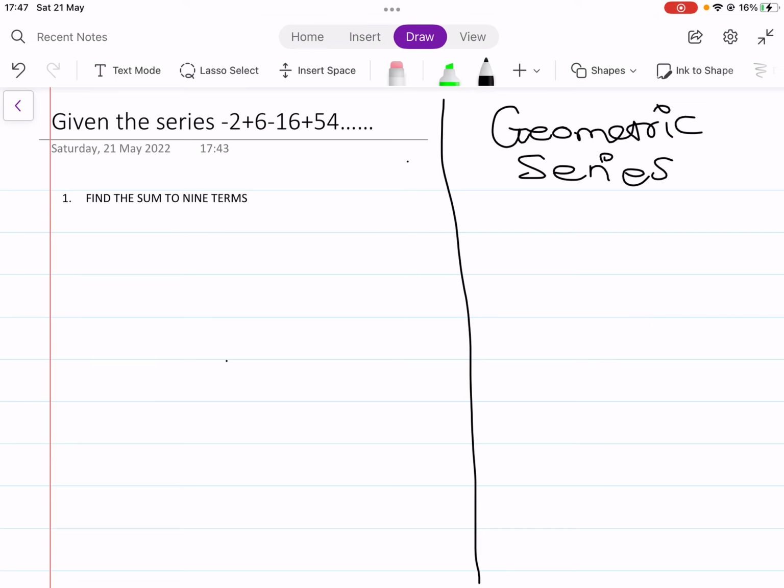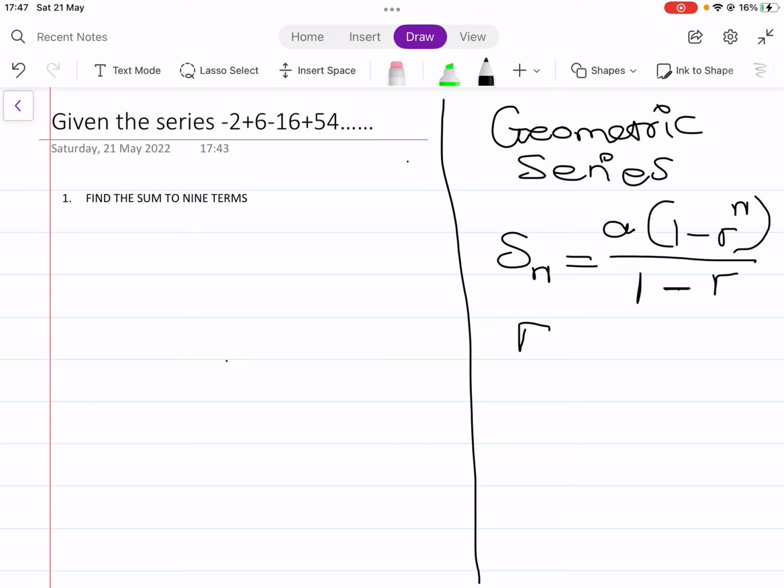So the formula is the sum of n terms equals a(1 - r^n), mind you that r is still our common ratio, divided by 1 - r. And this is for when the ratio r is less than 1.